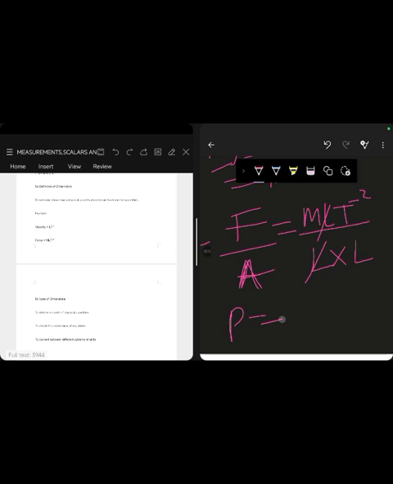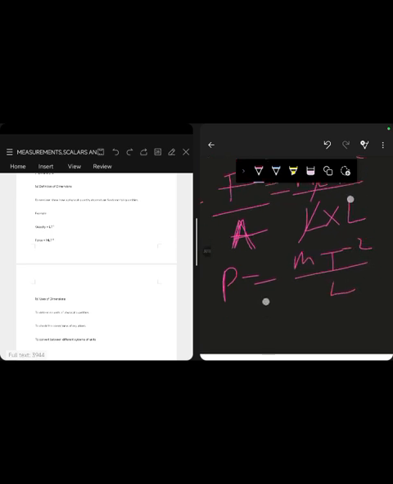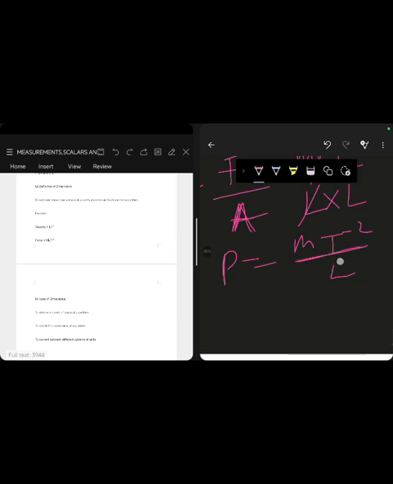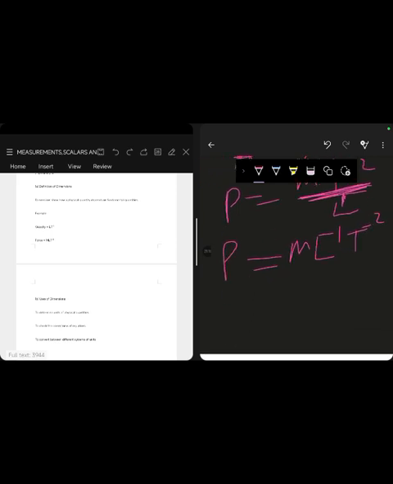So pressure is now equal to m t raised to the power minus 2 divided by L. Remember, when you have divided by, whatever power is here will become minus. So m divided by L raised to the power of 1 will be L raised to the power of minus 1, because of this division here, which makes the power negative. Then t raised to the power of minus 2.